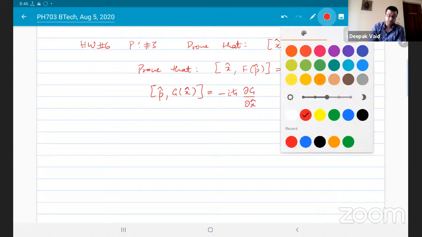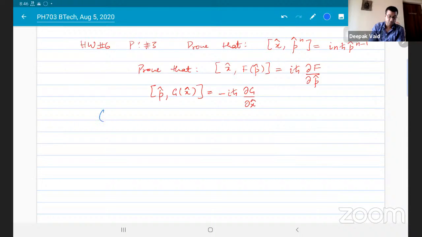To prove this, you expand these functions using a Taylor expansion of these operators. You can write the first term as just the identity operator, then the second term is p, then p square by 2m, and so on.